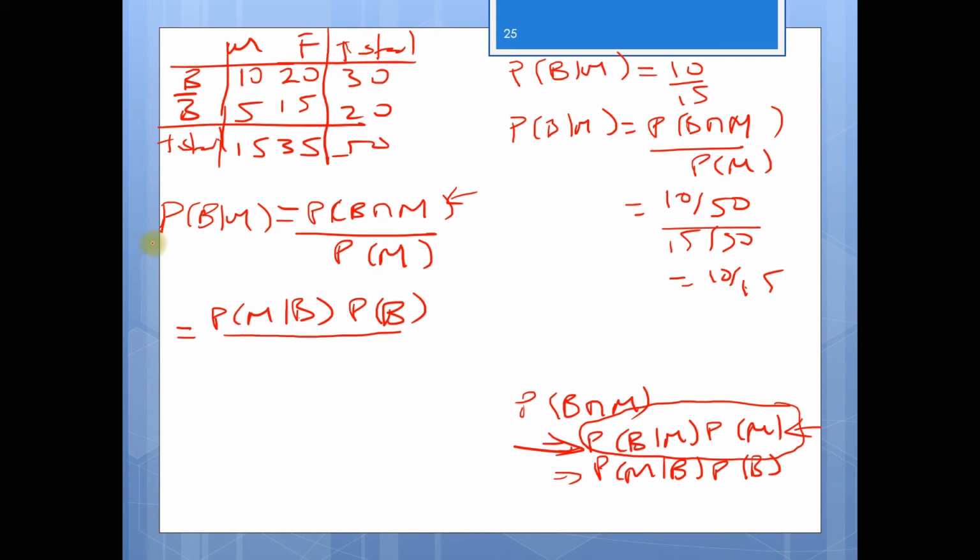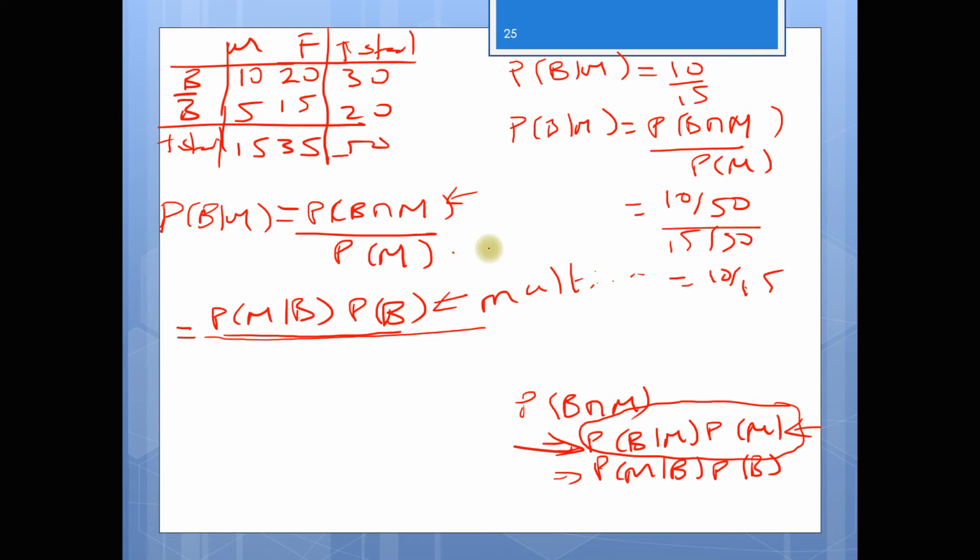You are not saying that the probability of B given M is equal to the probability of M given B, no. But you are saying it is equal to the probability of M given B times the probability of B, but it is going to be divided by something else. So the formula doesn't end there. So here, what we just did is that we have applied the multiplication rule, all right?